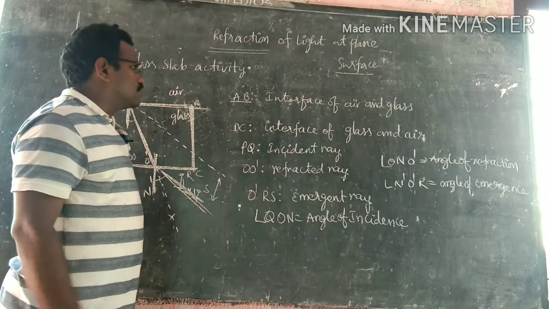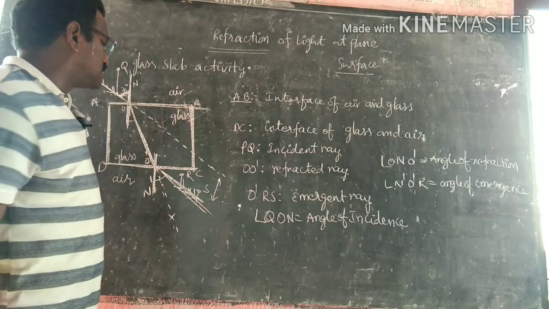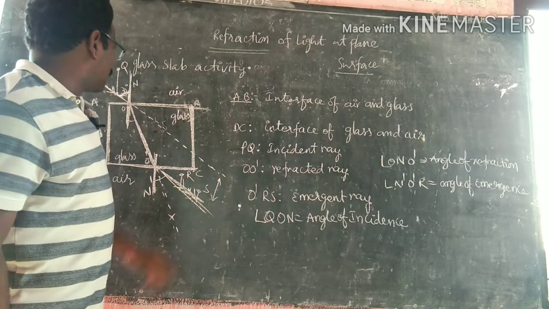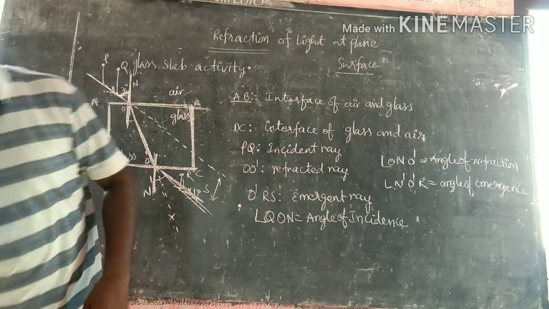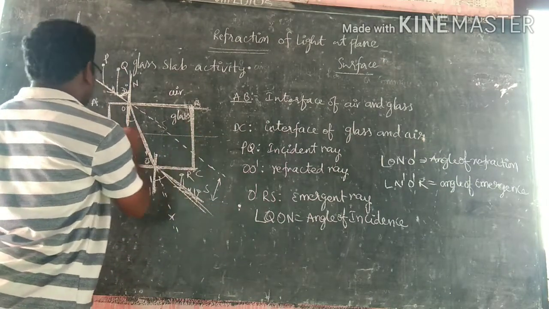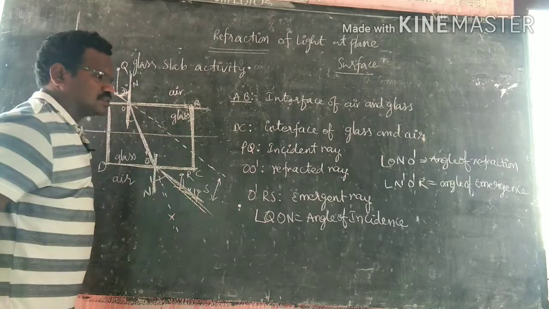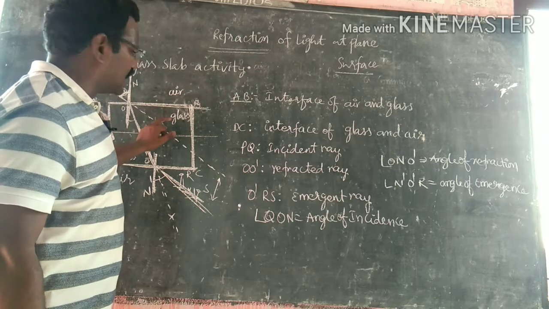If you observe in this case, AB is the interface of air and glass, and CD is the interface of glass and air. If we divide this diagram into two parts, we can observe it in two parts. That is, if the light ray travels from air to glass, what happens?